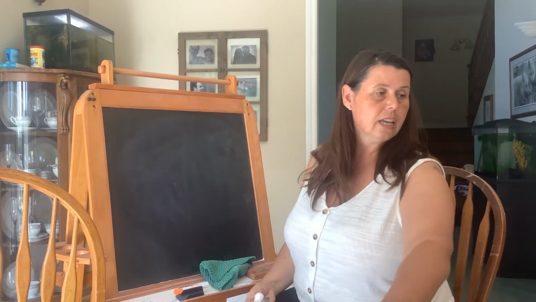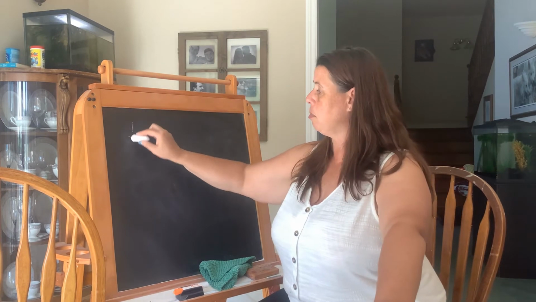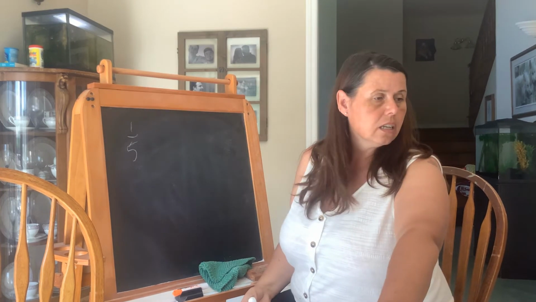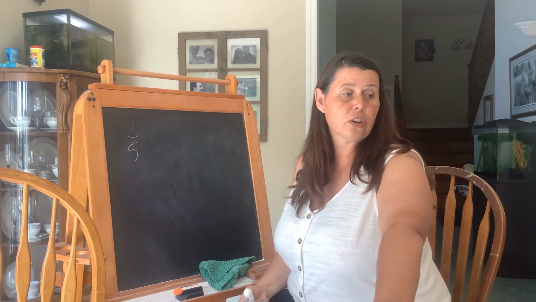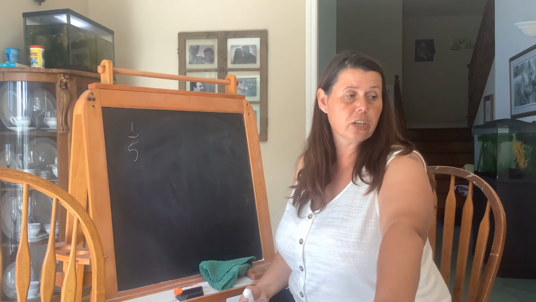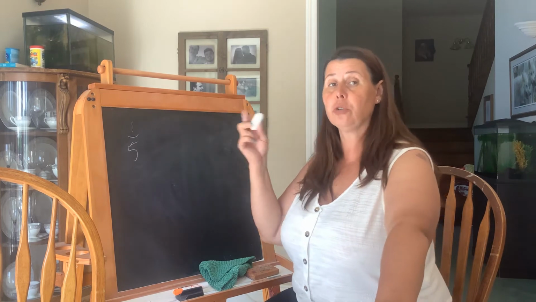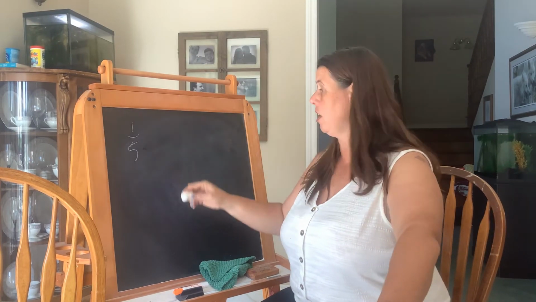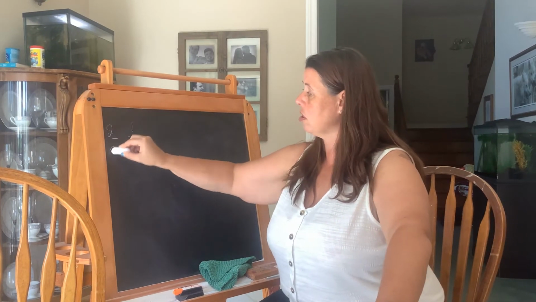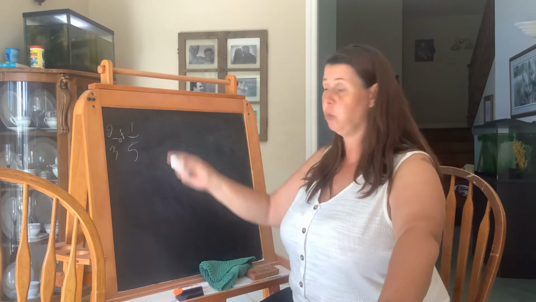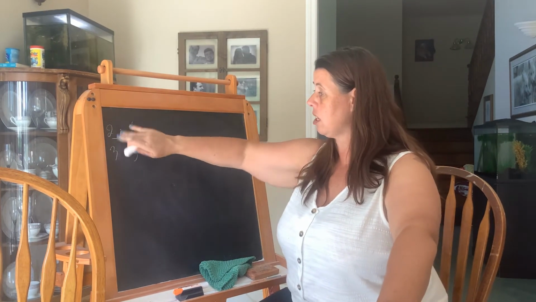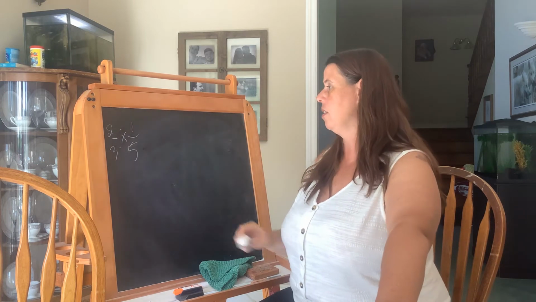Number 6. Anne took 1/5 of a pie. She gave 2/3 of her piece to Ron. What fraction of a pie did Ron get? Okay, so Ron got 2/3 of her 1/5. So 2/3 of 1/5, which we learned in this unit actually means times 1/5.